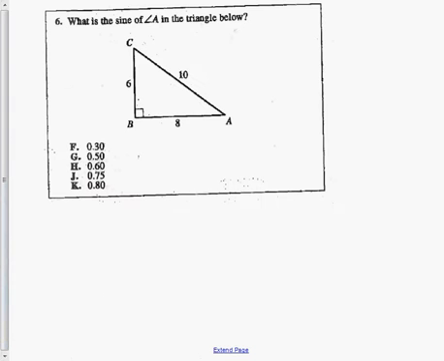So anyway, what is the sine of angle A in the triangle below? So you have to remember a little bit about trigonometry. Did you all have trigonometry? A little bit? Okay. So you talk about sine, cosine, and tangent, and then you've got secant, cosecant, and cotangent.